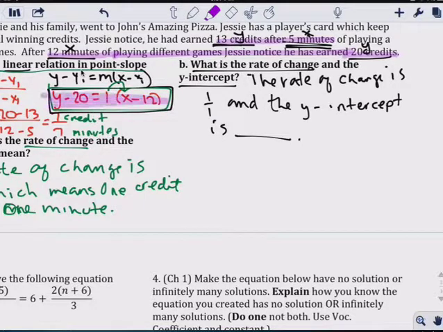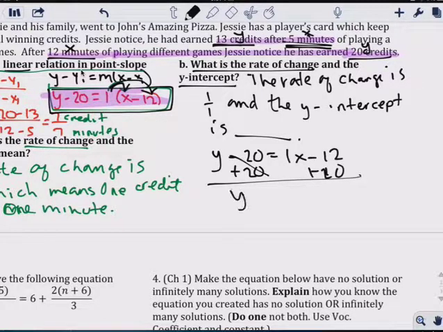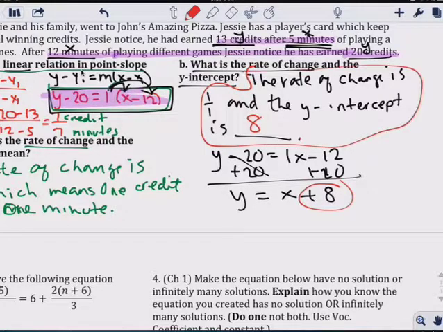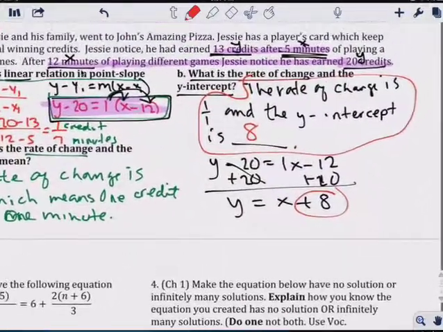So we need to solve y minus 20 equals, distribute, 1x minus 12, add 20, y equals x plus 8. Your y-intercept then is this 8 right here. Y-intercept is 8. So this is the answer for this question. And what does the y-intercept mean?